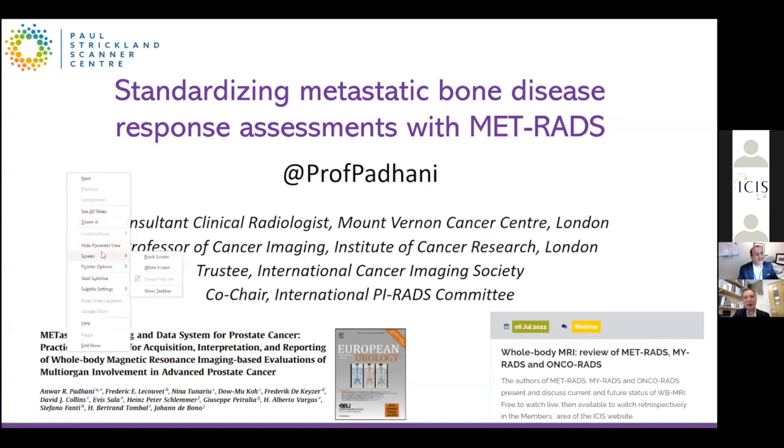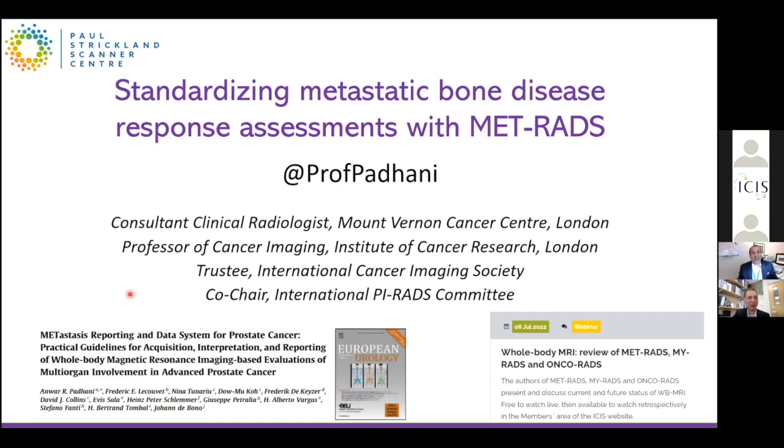And in the use of MET-RADS, we're now shifting from merely just diagnosis to using this sort of reporting system to assess treatment response in bone disease. As you're all well aware, one of the problems in oncology is that there is no reliable way of assessing response in bone, except perhaps in the use of whole body MRI, particularly diffusion-weighted MRI. So Anwar, please take it away.